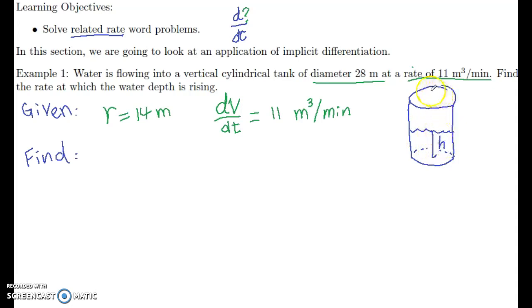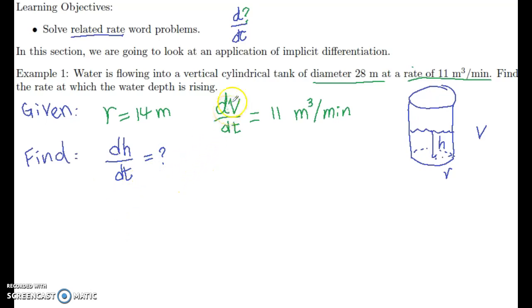In a cylinder, the parameters are usually the height, the radius, and then the volume. So we need to find the rate at which the height is changing, dh over dt, which we don't know. So this is the problem.